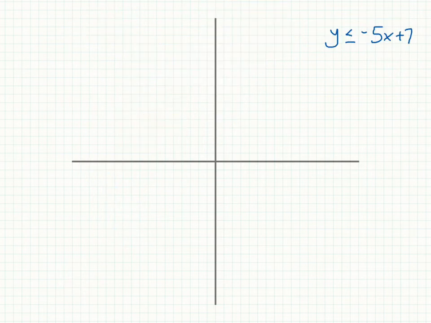All right, the inequality this time is y is less than or equal to negative 5x plus 7. My slope is negative 5, and I'm going to put that over 1 so I can see the rise and the run. My y-intercept is 7. So let's go over to our graph, and we're going to count up to 1, 2, 3, 4, 5, 6, 7.